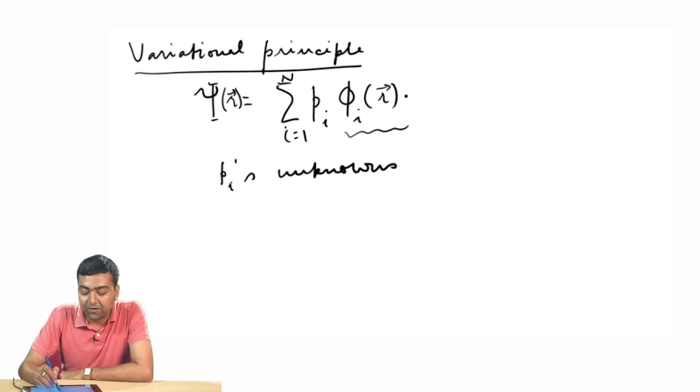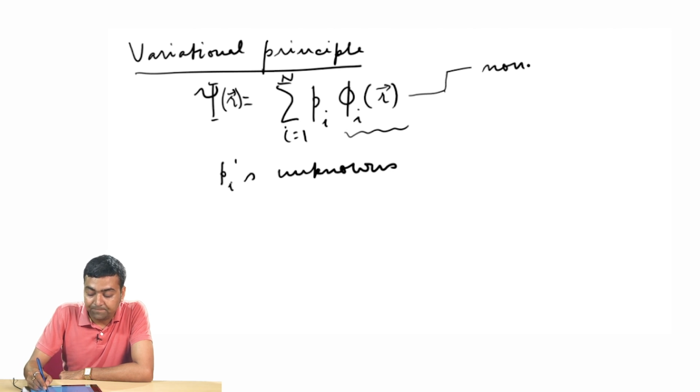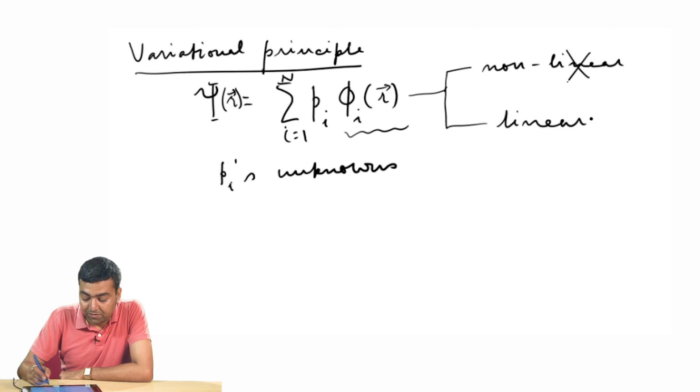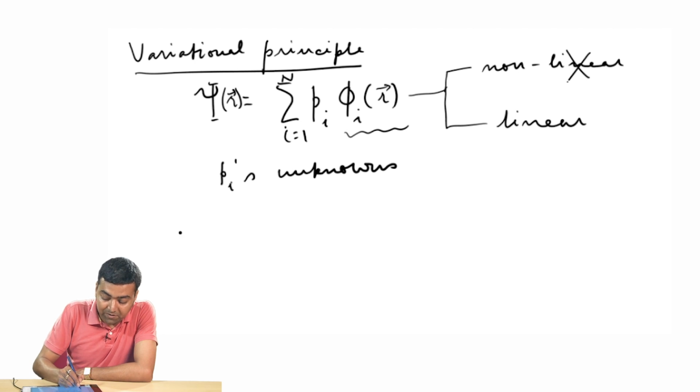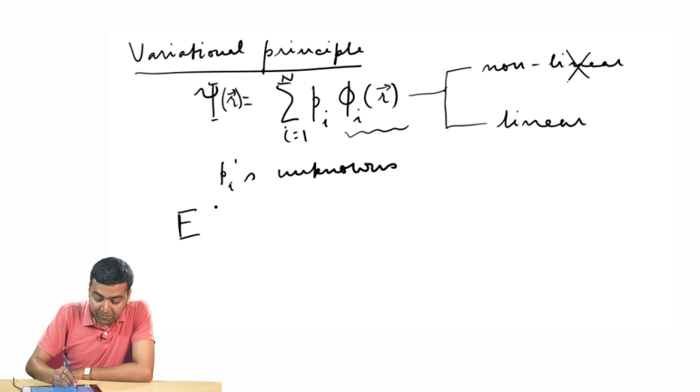Now, you can do a nonlinear or a linear expansion, but if you do a nonlinear expansion, this becomes a very difficult problem to solve. So, people typically avoid the nonlinear expansion and do a linear expansion of the wave functions. Once I have these wave functions, the variational principle says I can minimize my energy.